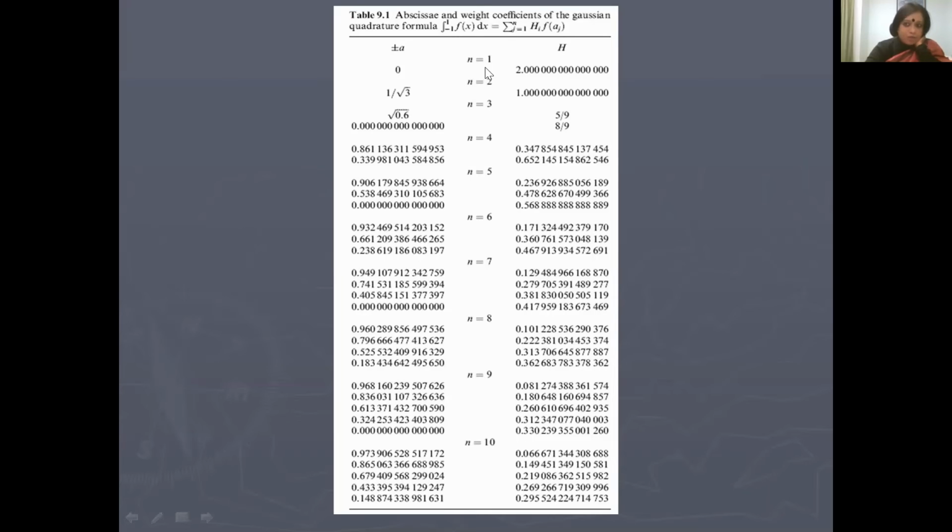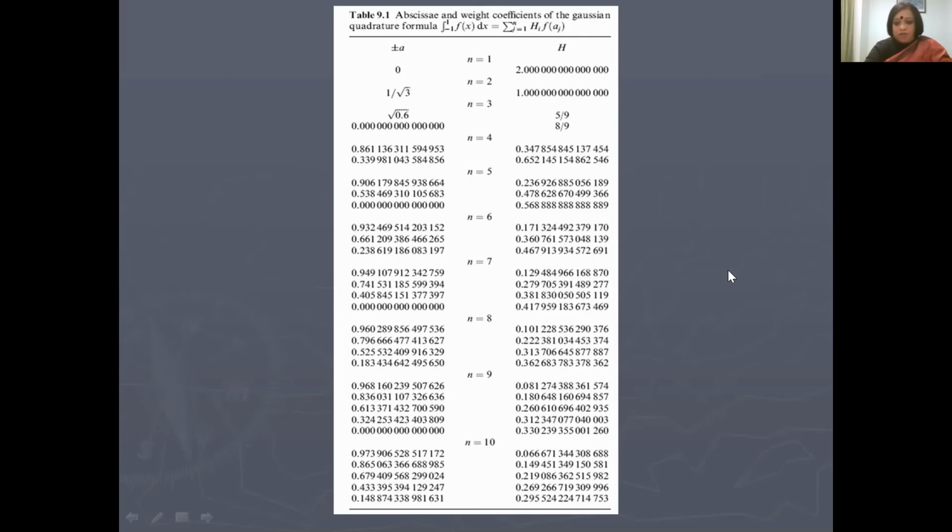So you have n equal to 1, that is your 1-point quadrature. This point is 0, and at 0 you need to evaluate f(0), and you have to weight by the weighting coefficient 2. Similarly, you have 2-point quadrature, 3-point quadrature, and so on and so forth.